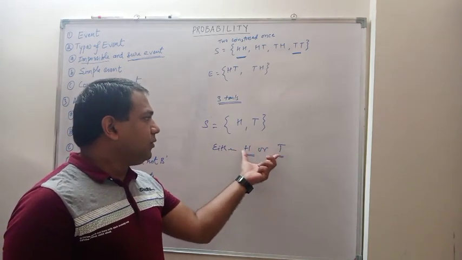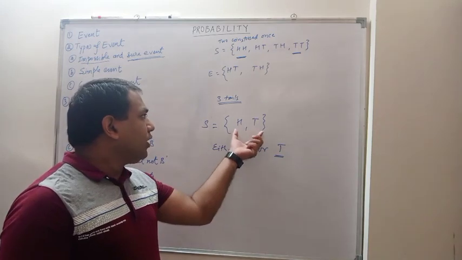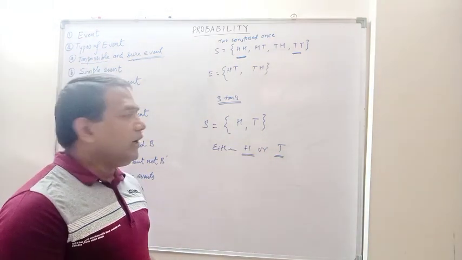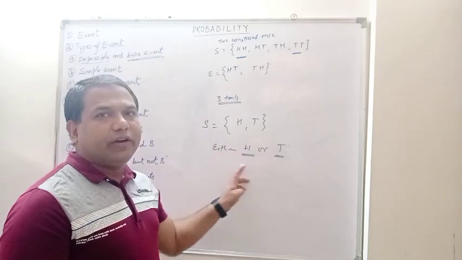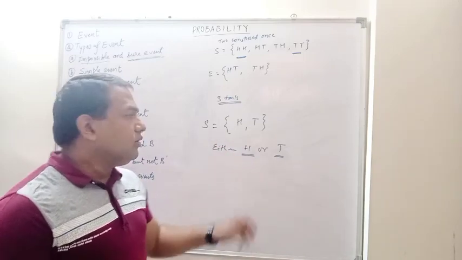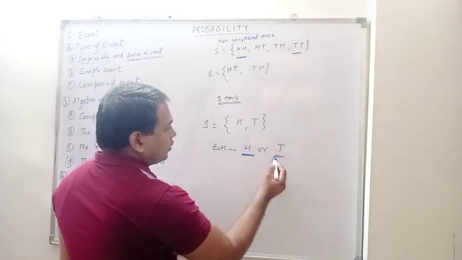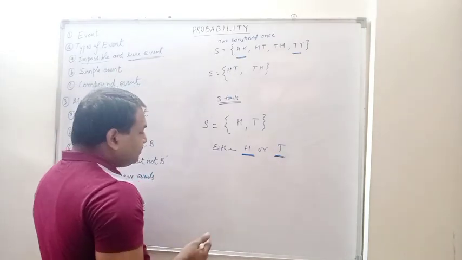Both the outcomes are included in the sample space, so it is said to be a sure event. A sure shot, you are getting these things.